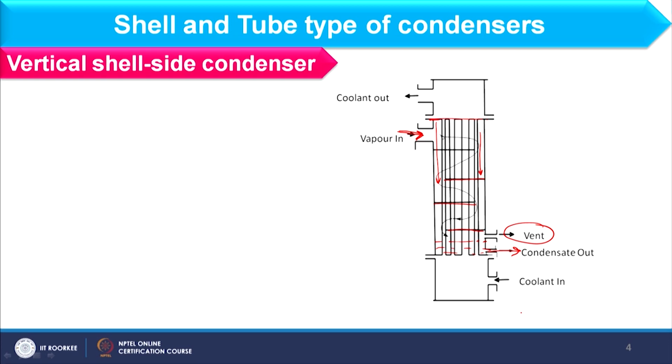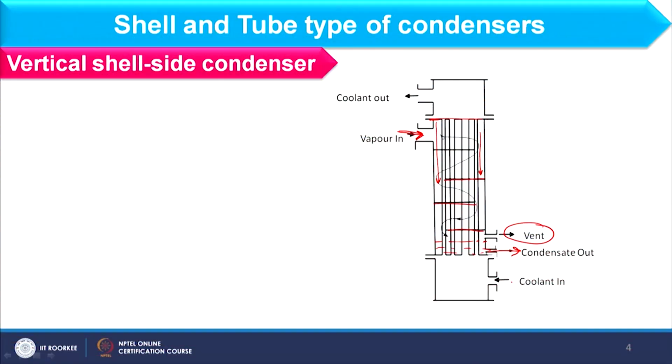It is not made for condensate to come out. To take out the condensate we usually consider steam trap as we have discussed in the last lecture. And in this case coolant usually enters the tube side and exits from the top. So, this is the basic functioning of vertical shell side condenser, and further we will discuss vertical tube side condenser.